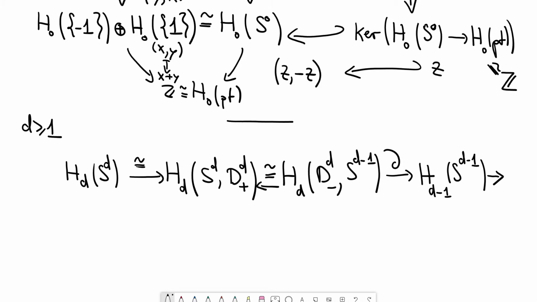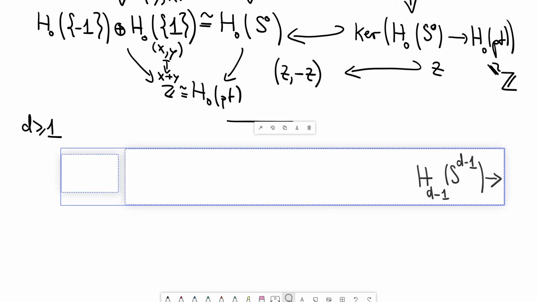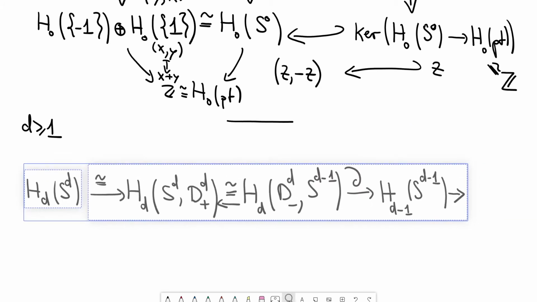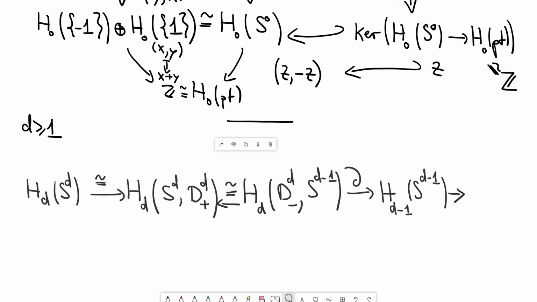Now I need more space here. Let's move it a little bit over there. Right now we would have here HD minus 1 of DD minus.